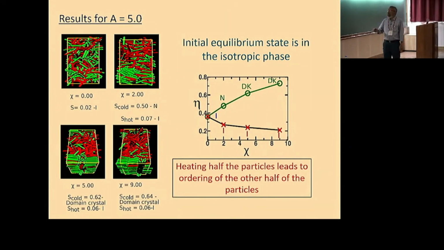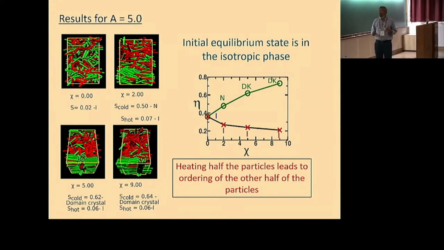Because initially they were in the isotropic phase, but as you increase the hot temperature, the system goes into these higher-order phases. So this is the phenomenology: you take something which had homogeneous density and the same temperature, and then do this trick of taking half of the particles and putting them at a higher temperature. Then there is phase separation. And in the cold region, one begins to see the development of this kind of order, which was certainly not there in the original state of the system.